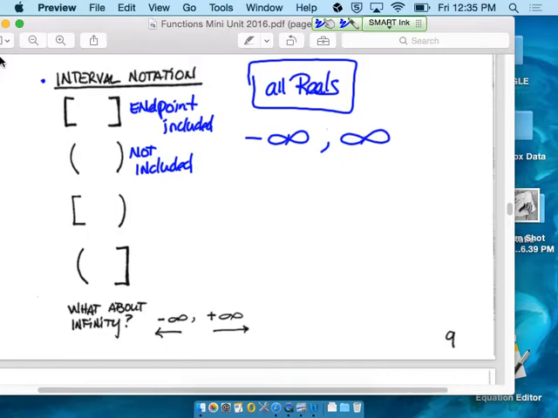So the way that I would represent all reals as being my domain or my range, which means I'm growing endlessly in the direction of both positive and negative infinity, I can't bound infinity. So I would have to just use open braces and say that I'm including negative infinity all the way up to positive infinity with the open braces because I cannot include that endpoint.